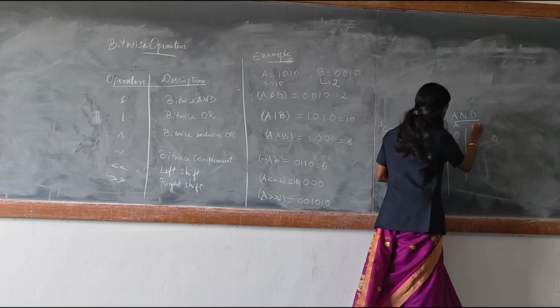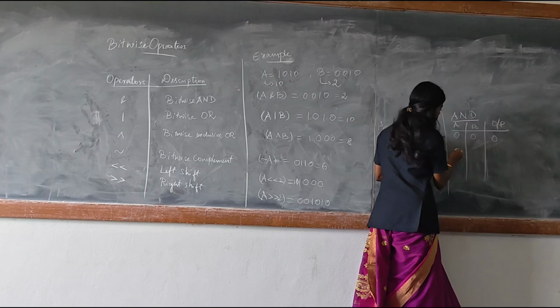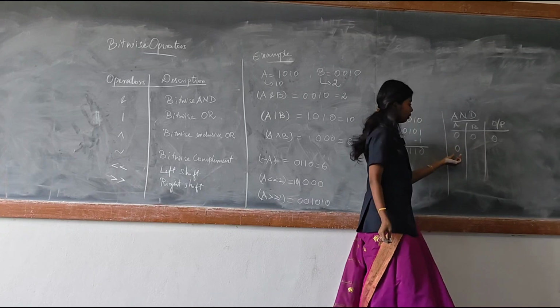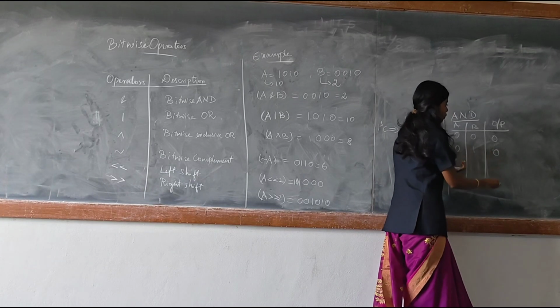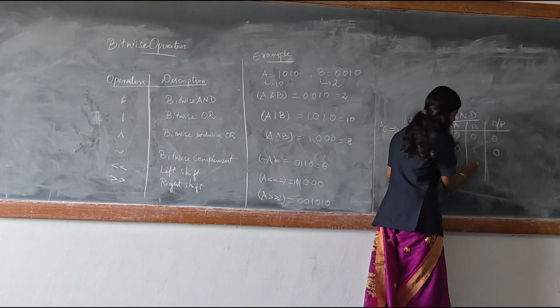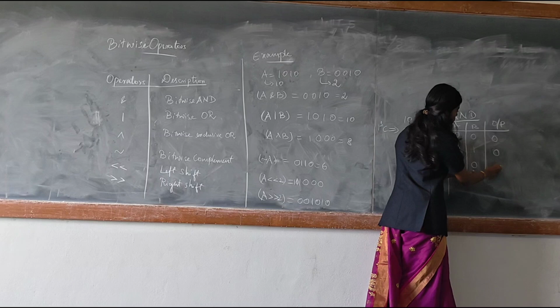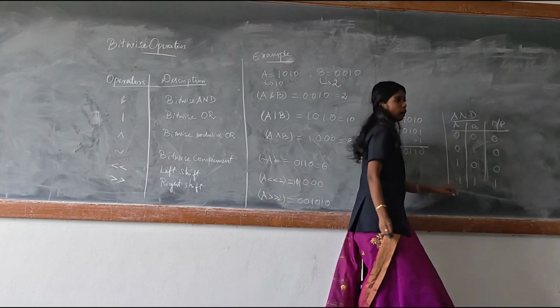This is a, this is b, and this is the output. If the first input is 0 and the second input is 1, then also we get the value 0. If the first input is 1 and the second input is 0, we get the output 0. If both the inputs are 1, we get the output 1.